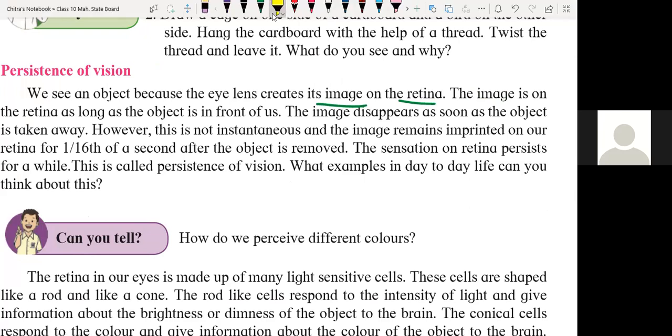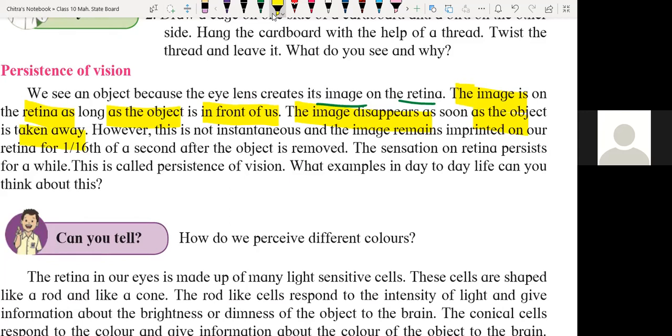The image is on the retina as long as the object is right in front of us. And the image disappears as soon as the object is taken away from in front of our eyes.